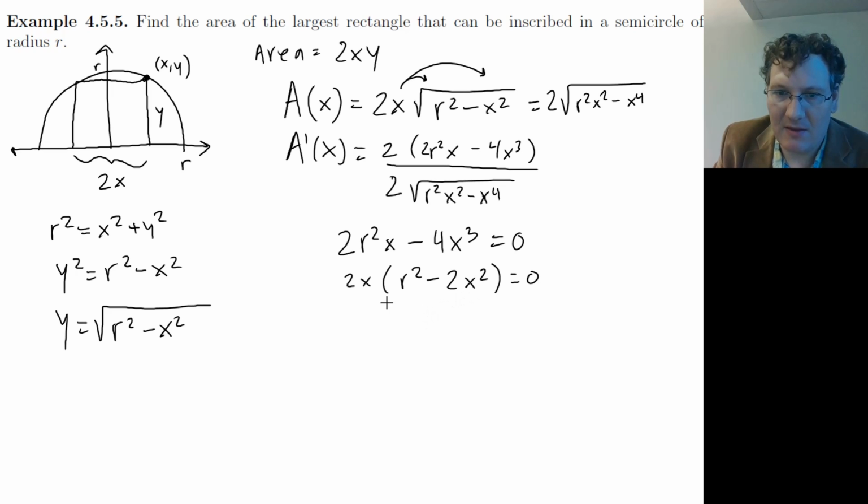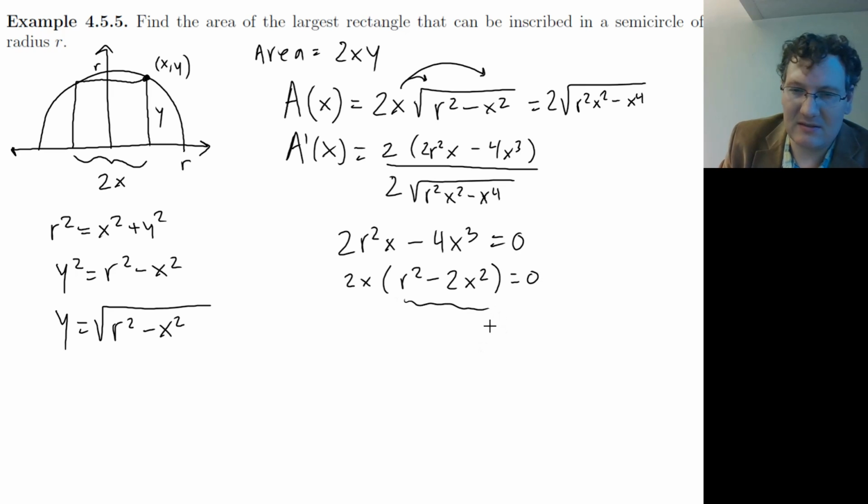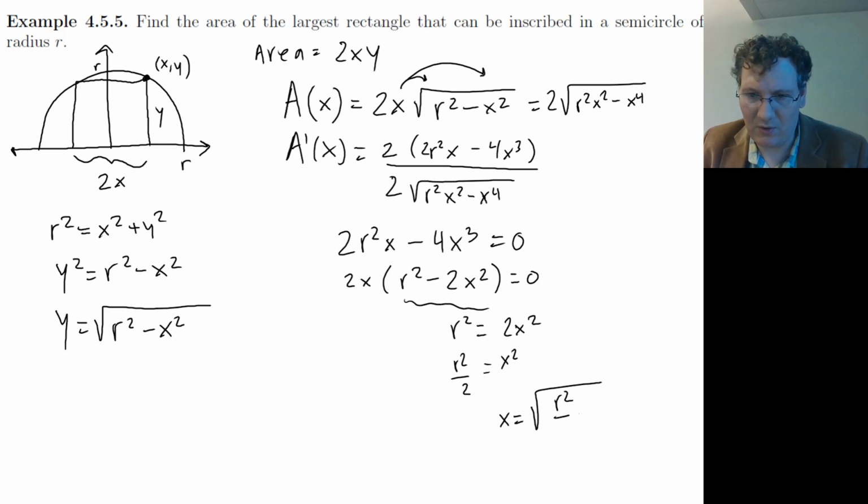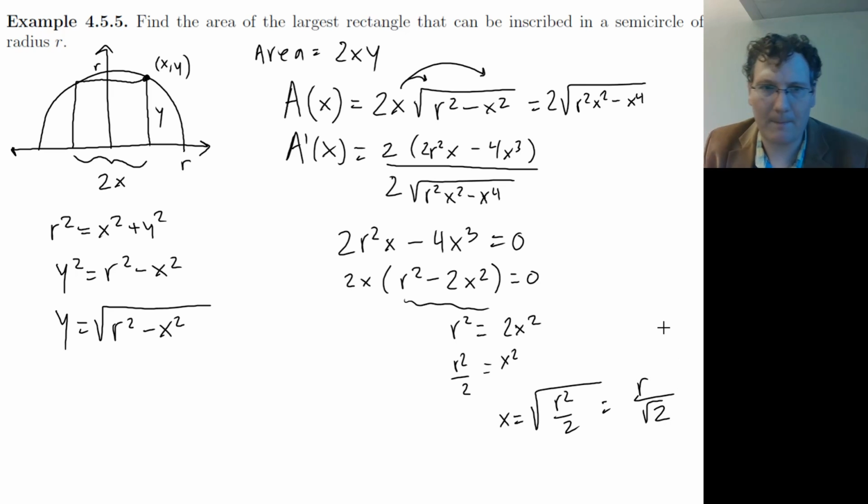This is 0 when x is 0, or when r squared is equal to 2x squared, when x squared is equal to r squared over 2. In other words, when x is the square root of r squared over 2, that's r over square root 2.